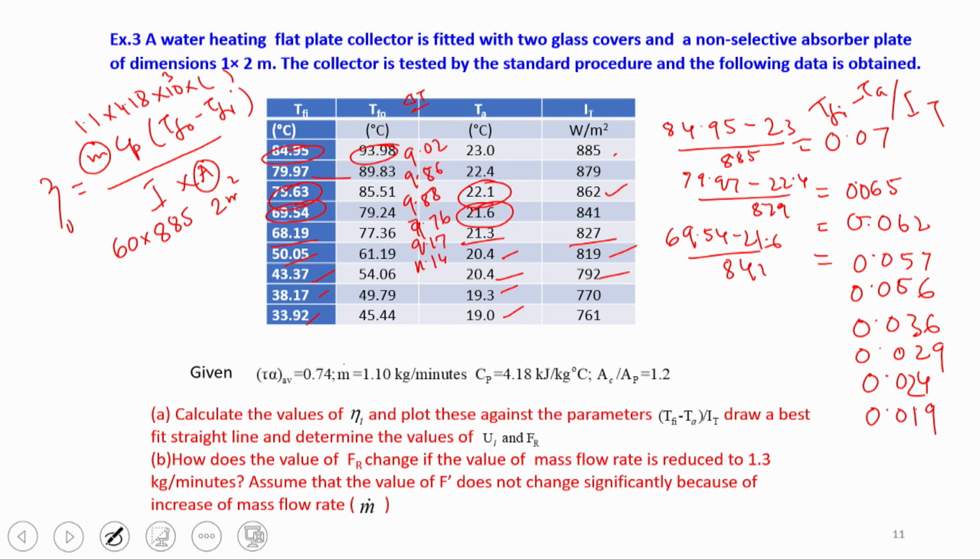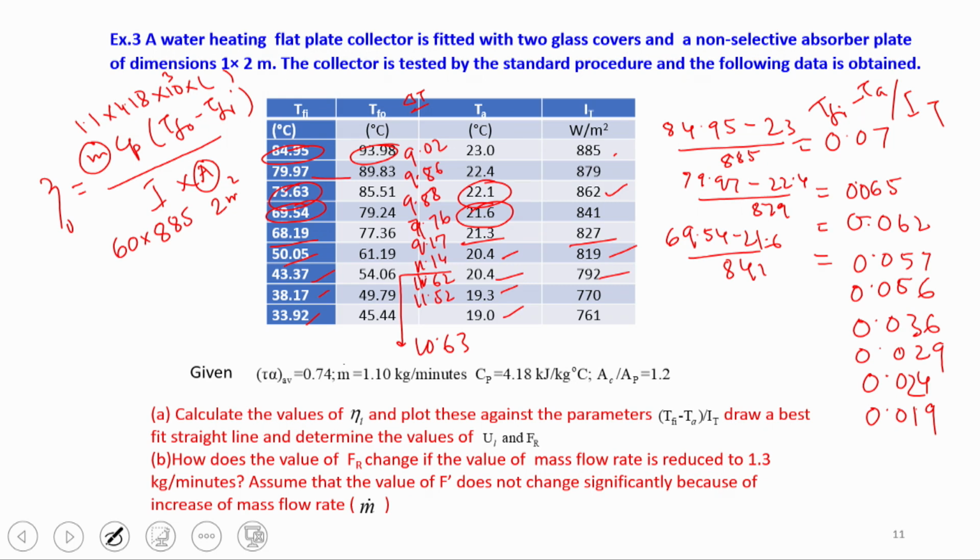Do it quickly. This is also 11 point something. One is missing. 11.62 is for 38.16. Then here, 10.6. Okay, so now you calculate this.